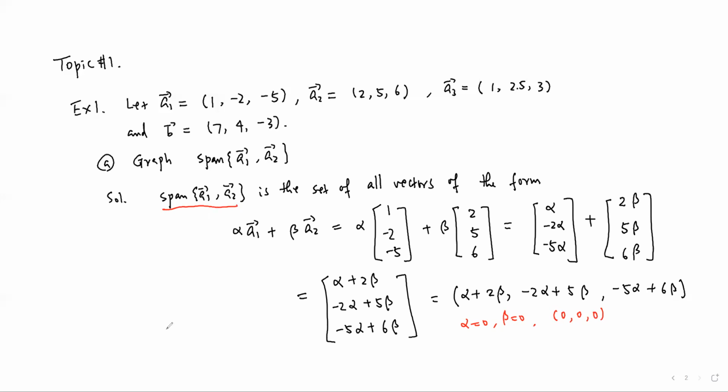Let me draw. Suppose here is the space R3, and origin 0 is here. Then this point is in the set. When I choose alpha 1, beta is 0, then this combination is just A1.